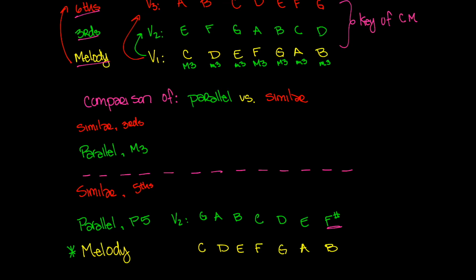Right, so we've actually changed key signatures here. Now, if I were to do this as similar, this is just a piece of cake. This becomes G, A, B, C, D, E, F. So this is very different. This is a different aspect here. We have the actual key of C major because all of these notes here agree with the key of C major. And that's the core concept of using similar motion.